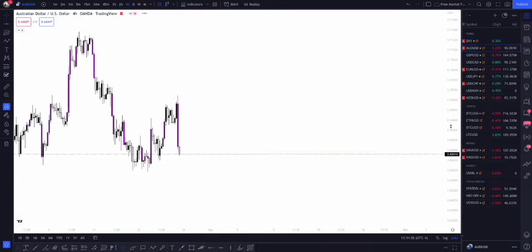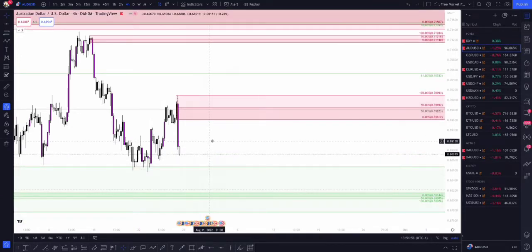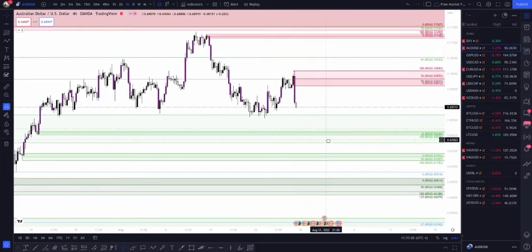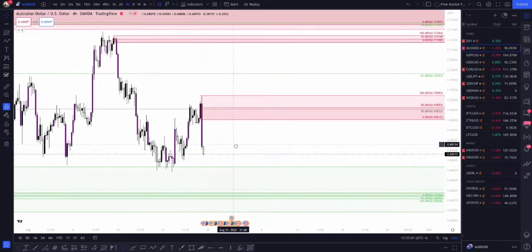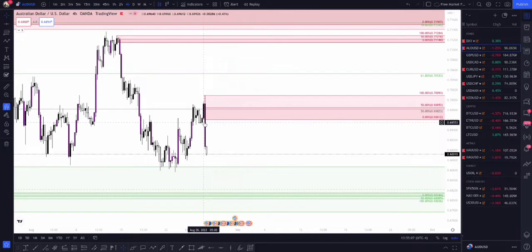Aussie USD, we have more sell positions here. Most recent price action, we have seen demand taken out. We're kind of sitting inside of demand now.